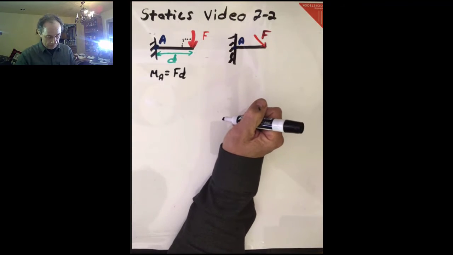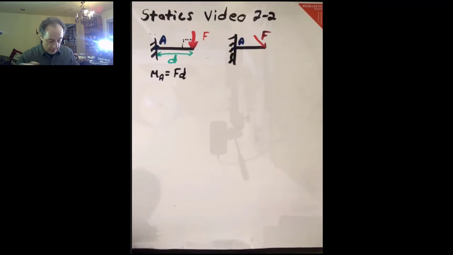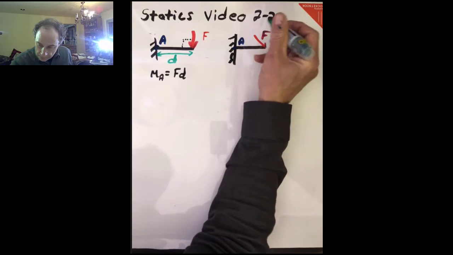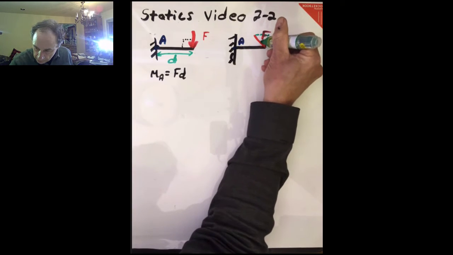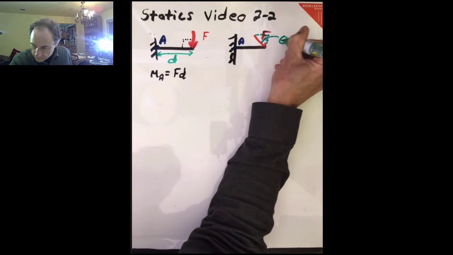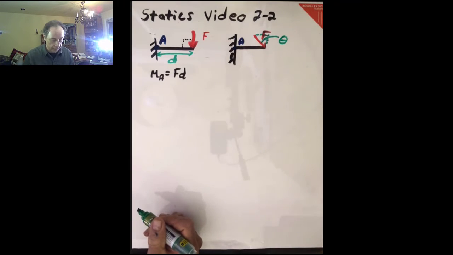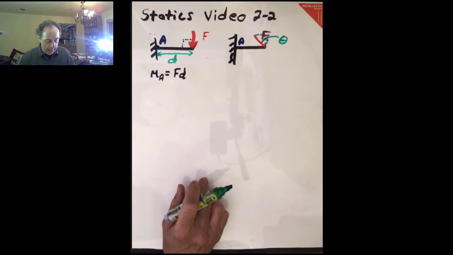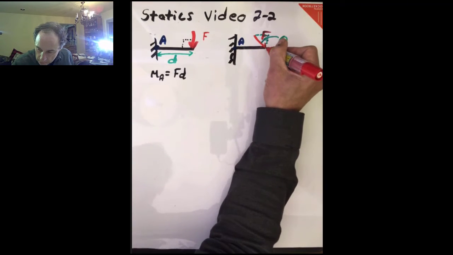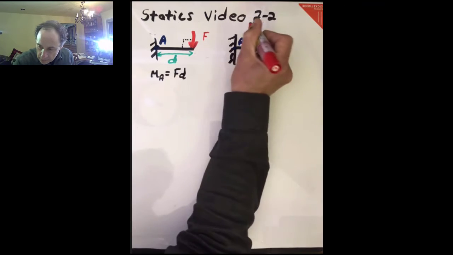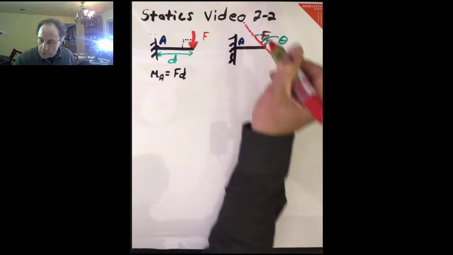This one's different. We have some angle that we'll call theta with the perpendicular. Now remember, D is the minimum distance between A and the line of action of the force. The line of action of the force goes in the direction of the force.